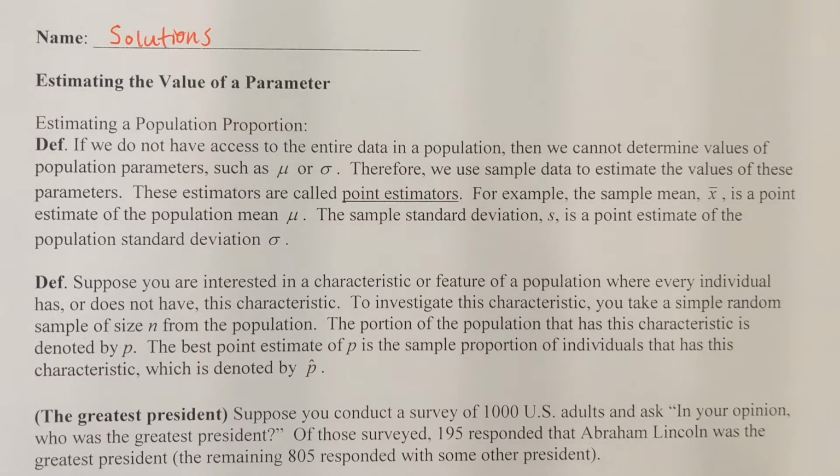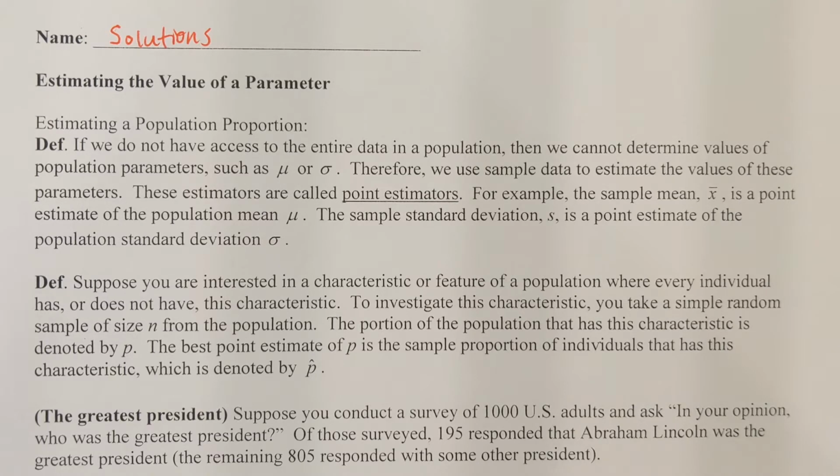Another definition: suppose that you are interested in a characteristic or feature of a population where every individual has or does not have this characteristic. To investigate this characteristic, you take a simple random sample of size n from the population.